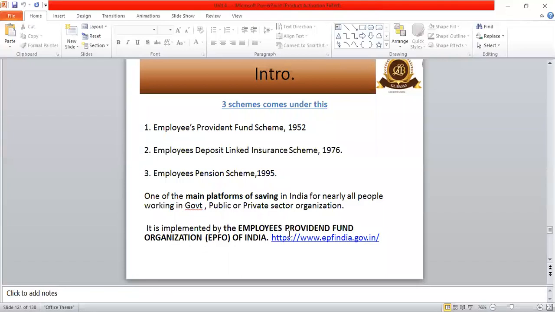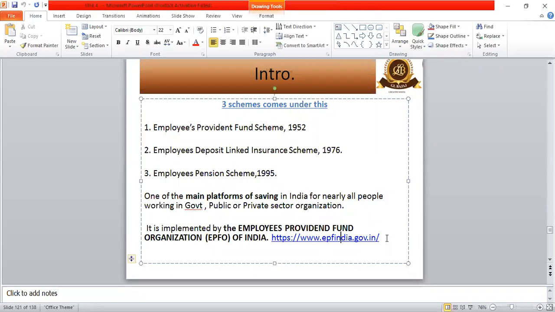It is implemented by the Employee Provident Fund Organization, that is EPFO, and the website for the same is epfindia.gov.in. So I will take you to this website as well if my screen sharing permits. I'll do so.